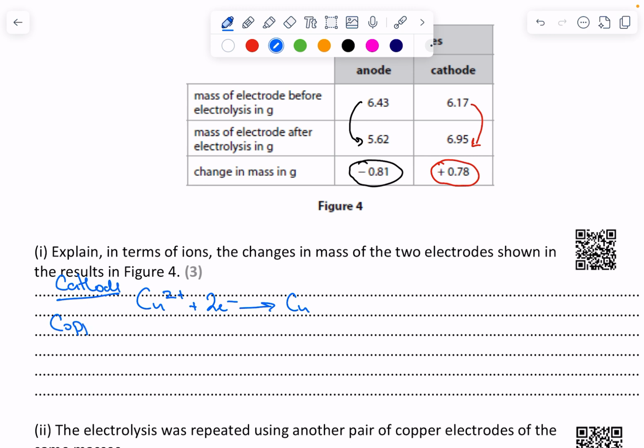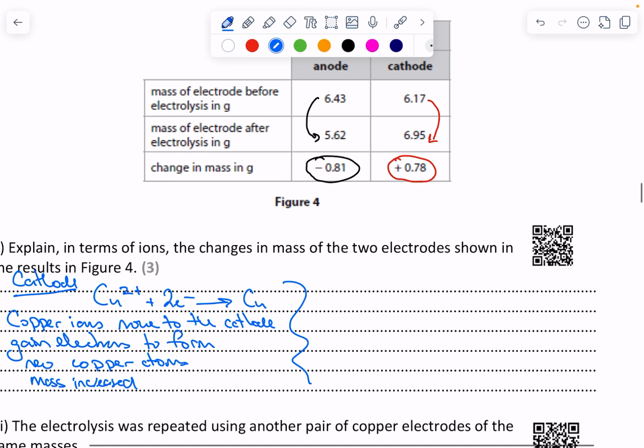So we have got copper ions move to the cathode, they gain electrons to form new copper atoms. So that means the mass increases.